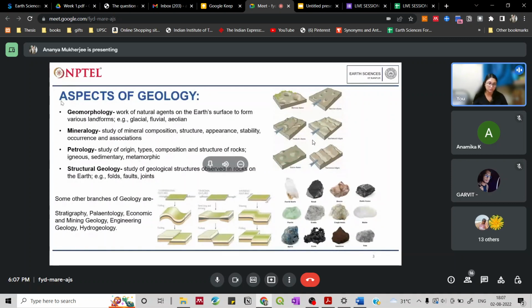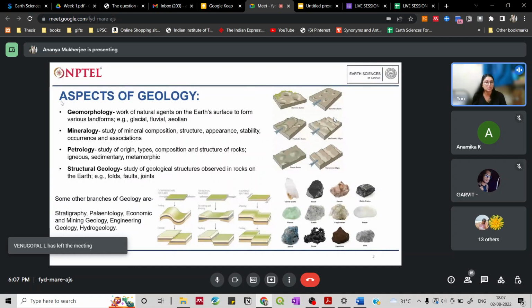Later on, the aspect of geology you will be dealing with is mostly geomorphology. That is the study done to understand the landforms that are formed on the Earth's surface due to glacier action, river action, and wind action.